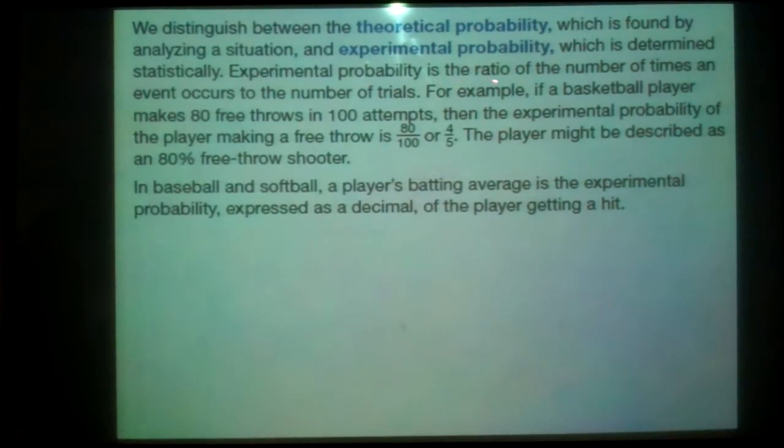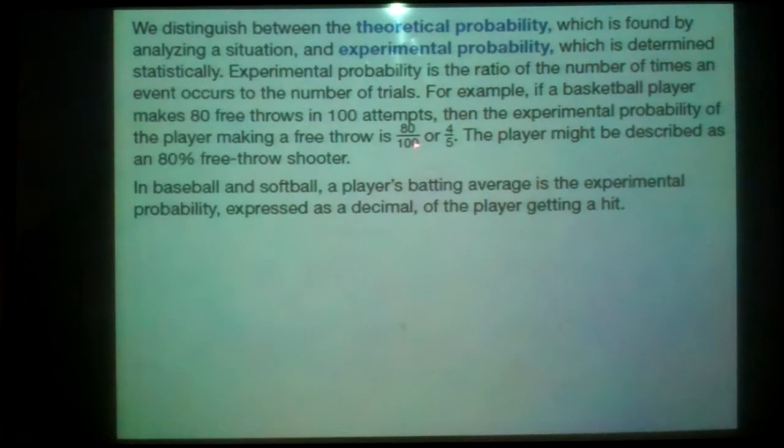Experimental probability is the ratio of the number of times an event occurs to the number of trials. So here's some examples. If a basketball player makes 80 free throws in 100 attempts, then the experimental probability of that player making a free throw is 80 out of 100. So that would be how many favorable outcomes there are, 80 makes, over the number of attempts or trials.